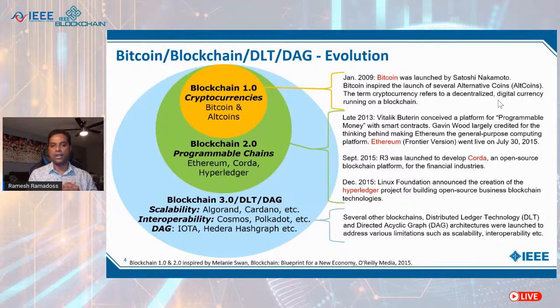Bitcoin was launched back in January 2009, and now looking at the second phase of the evolution, blockchain 2.0, the green circle, which is primarily the start of programmable chains where you can actually program smart contracts. We'll talk about that later on.